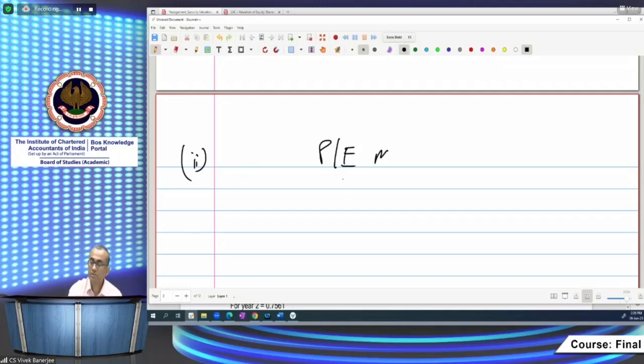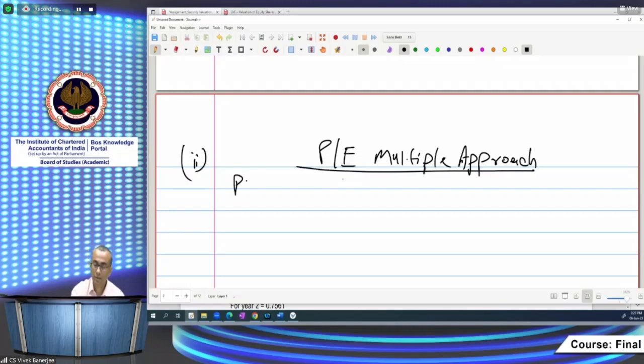Price earning multiple approach. So in this case, P0 is equal to earning per share into price earning ratio.